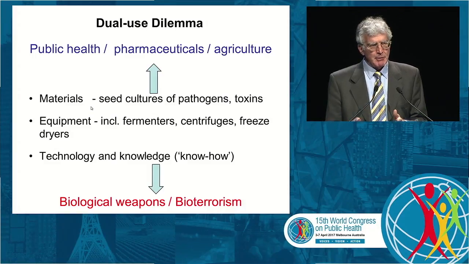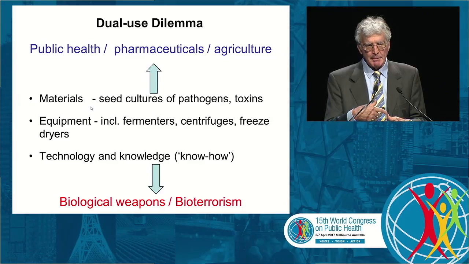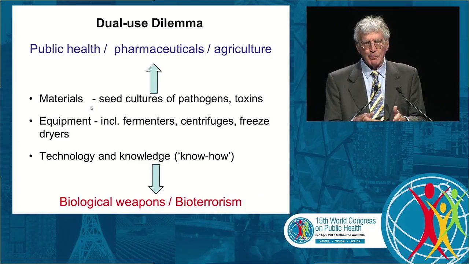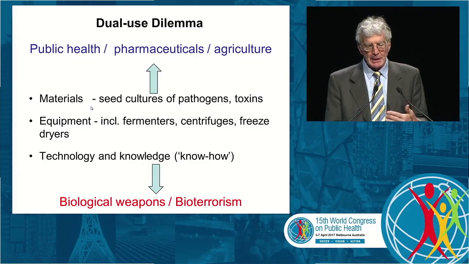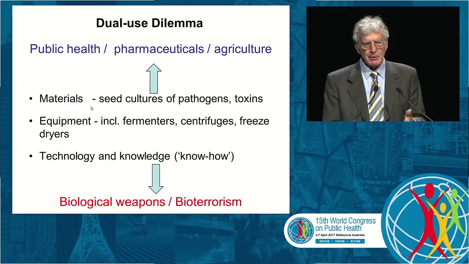And this is a real challenge to get this convention working effectively to stop the spread of biological weapons without inhibiting the peaceful use of biology for good purposes. And this has been something which the treaty implementers have been grappling with ever since the treaty entered into force in 1975.